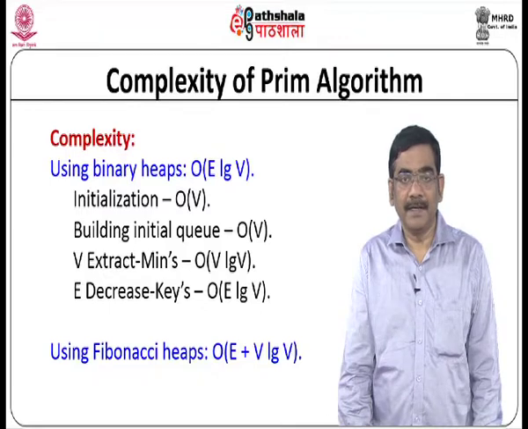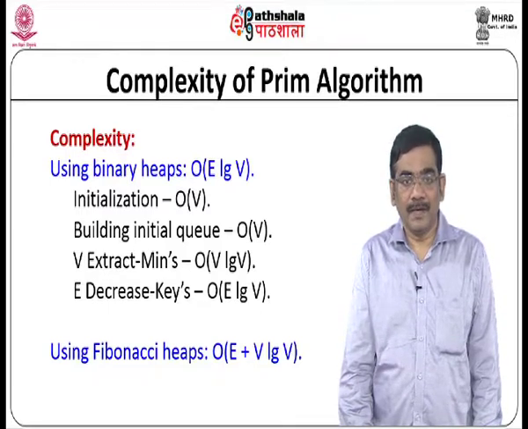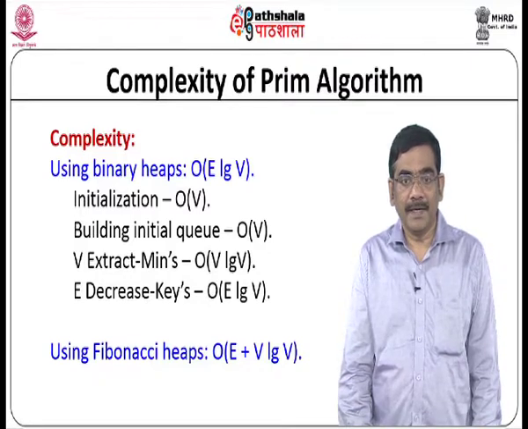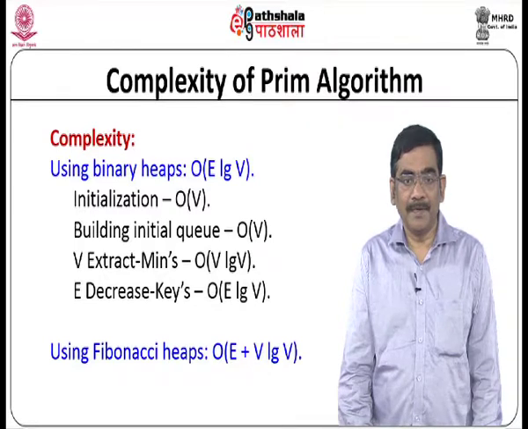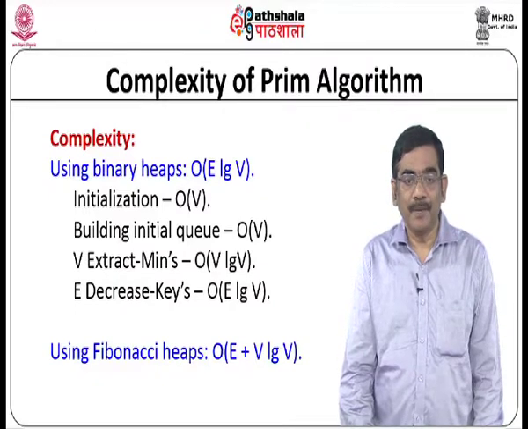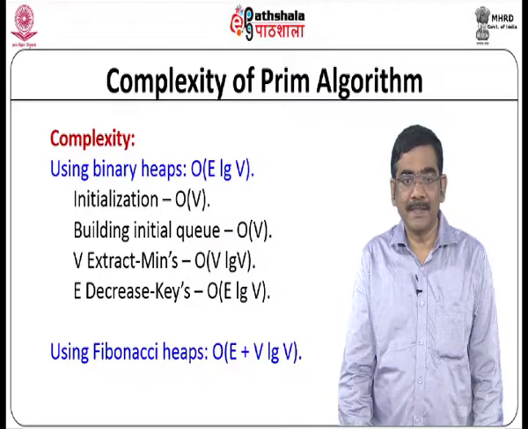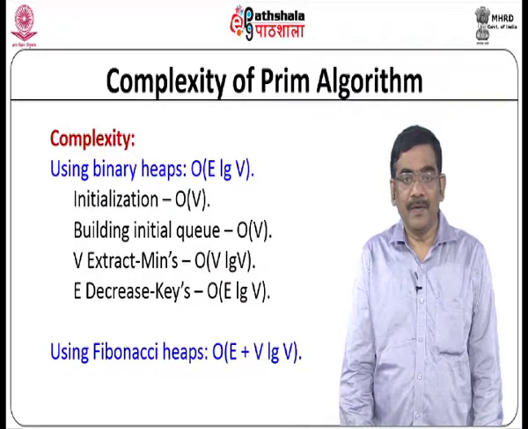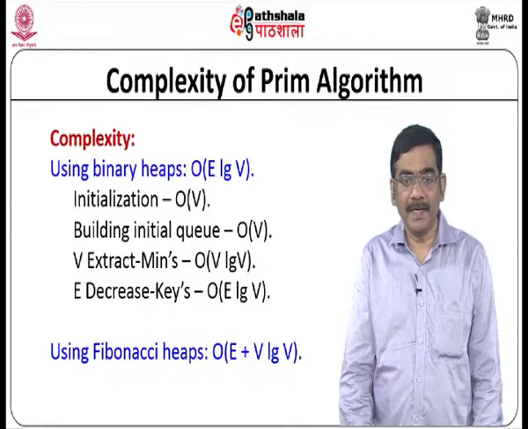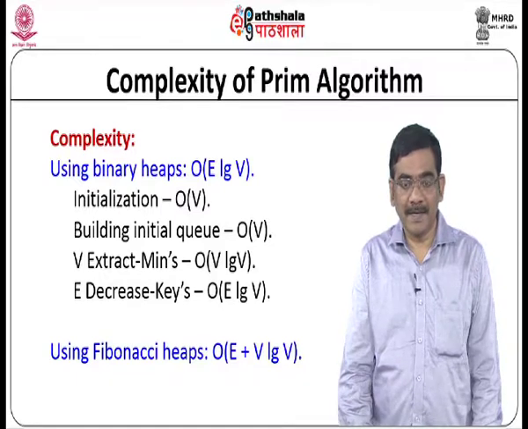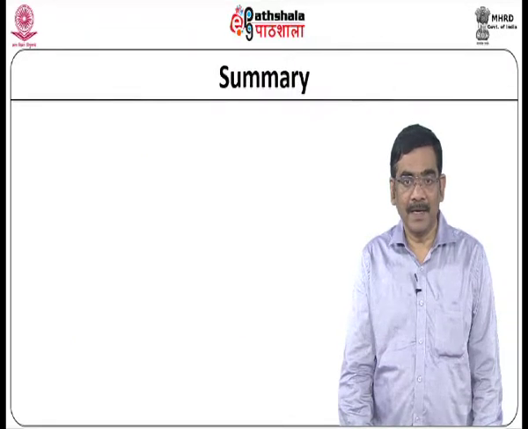For initialization, it takes order of V. Then for building the initial queue, again it's order of V. The main component of the algorithm is extract min, and the complexity of that is order of V log V. Then for key manipulations, decrease key is going to be order of E log V. Put together, it comes as order of E log V. If you go for a Fibonacci heap instead of the binary heap, the complexity comes as order of E plus V log V. This is the complexity analysis of Prim's algorithm.